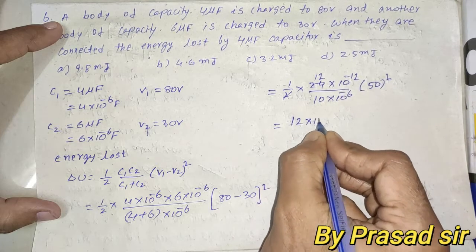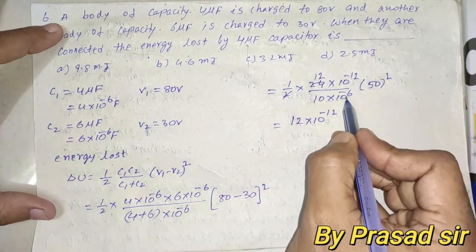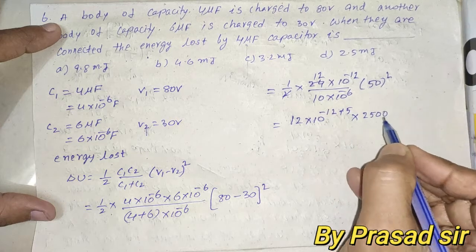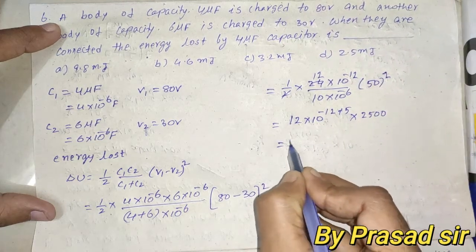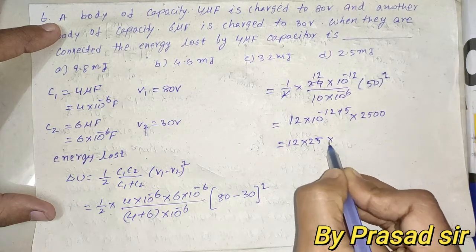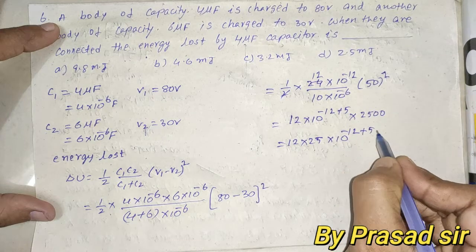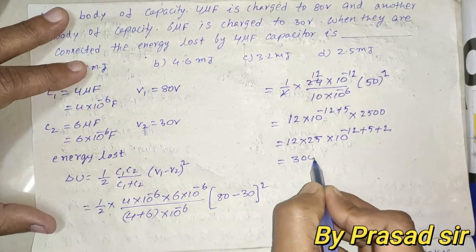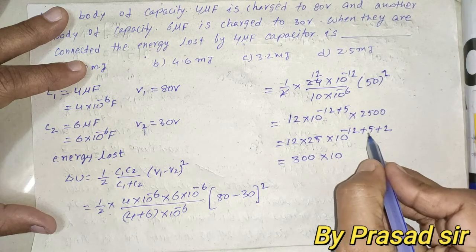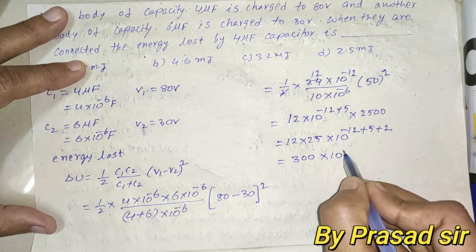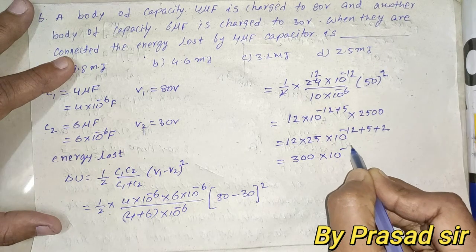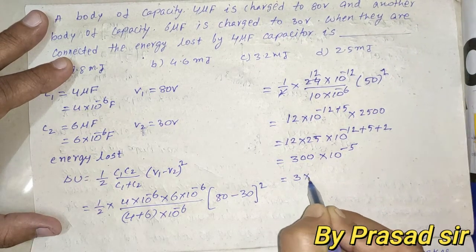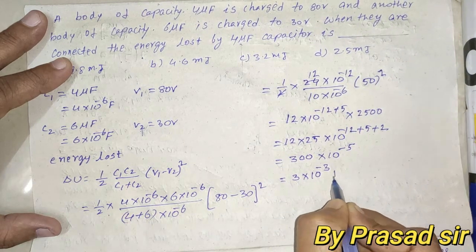So that is 12 into 10 to the power of minus 2, and here 50 square is 12 into 25 into 10 to the power of minus 12 plus 5 plus 2, because of these two zeros. 12 into 25 is 300, into 10 to the power of minus 7 plus 2, that is minus 5, which is equal to 3 into 10 to the power of minus 3 joules.